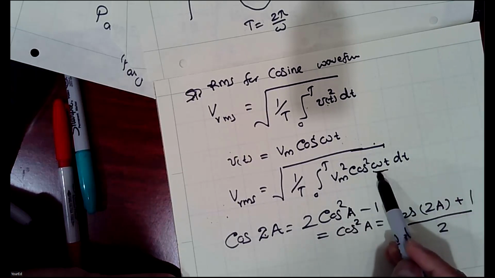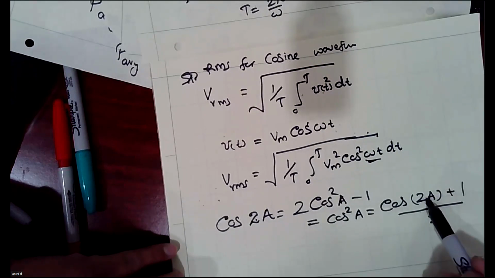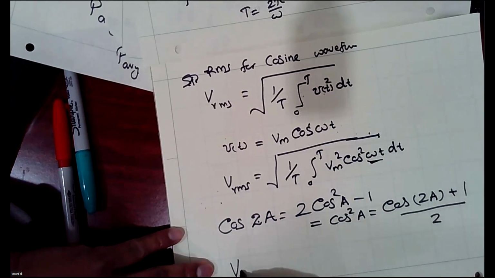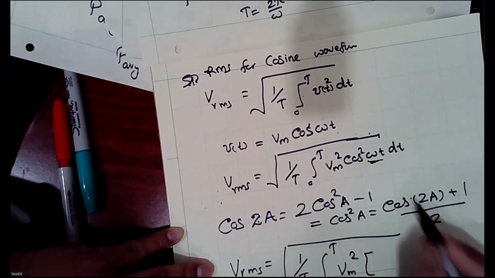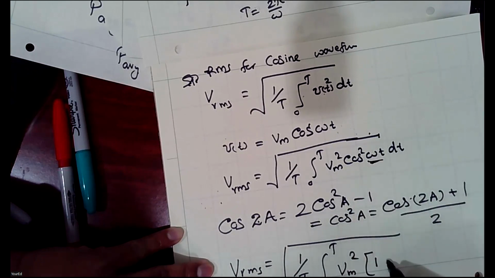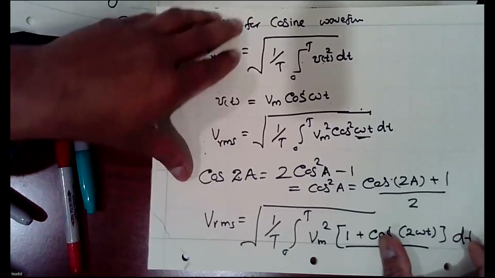Since my angle here is omega t, I should get 2 times that angle. So I can write Vrms is equal to 1 over T, 0 to T, Vm squared, and now I can substitute cosine squared omega t as (1 plus cosine 2 omega t) divided by 2, dt. So very important formula.